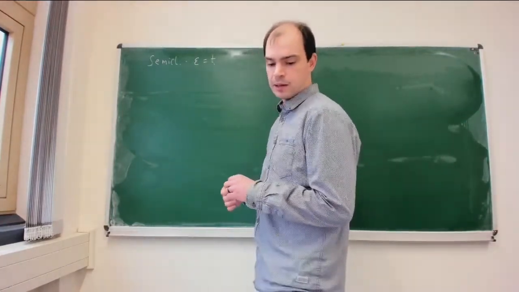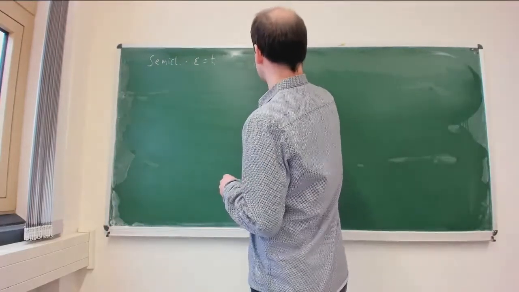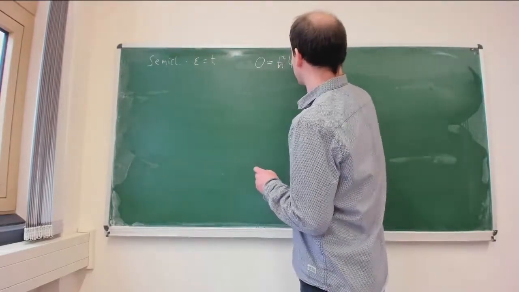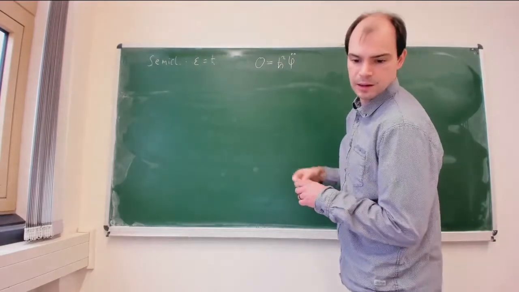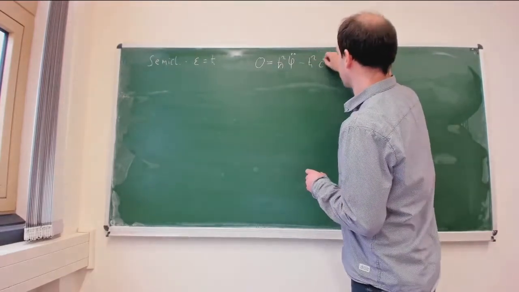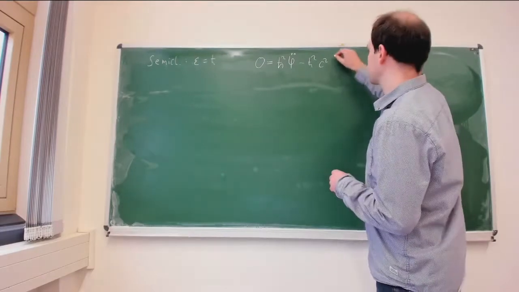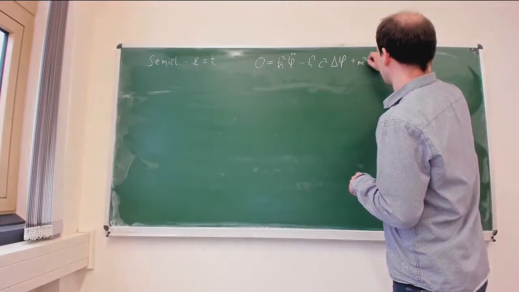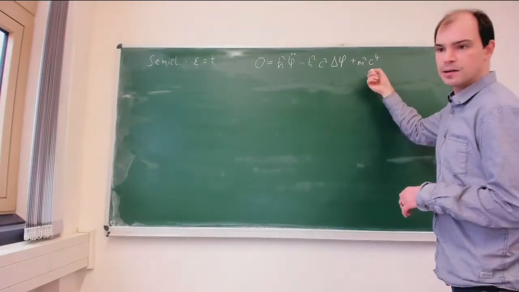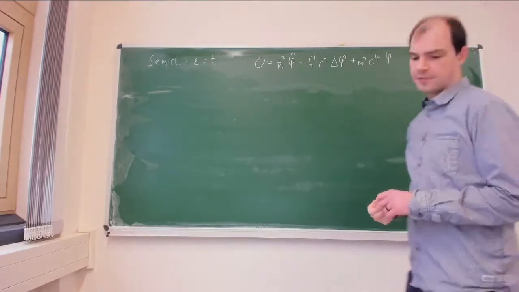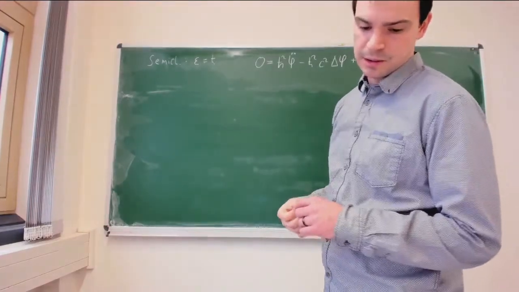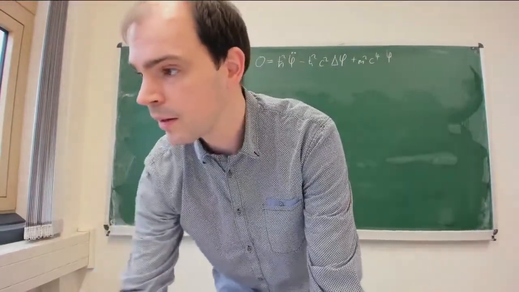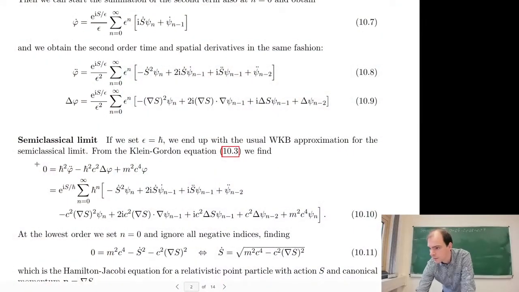So you can rewrite the Klein-Gordon equation, just multiplied with h bar squared, gives us h bar squared psi dot dot minus h bar squared c squared, the Laplacian of phi, plus m squared c fourth phi. And now we insert the power series for our field, and we obtain an equation like this.